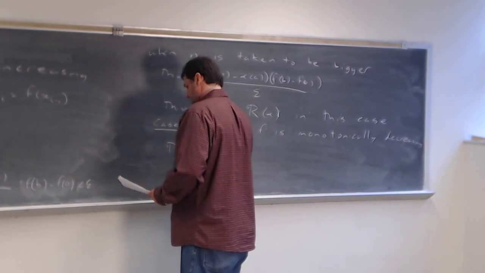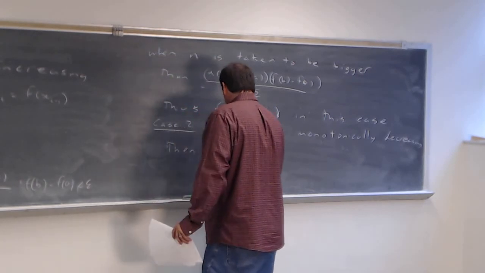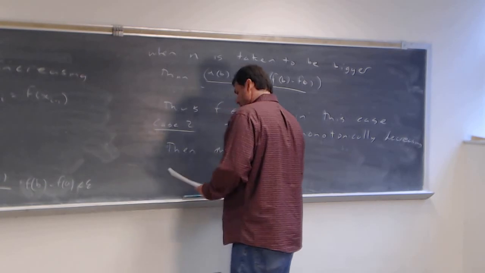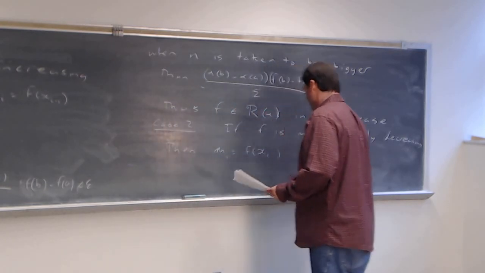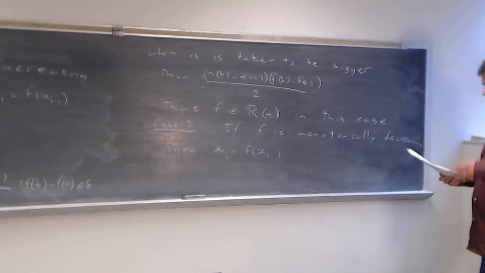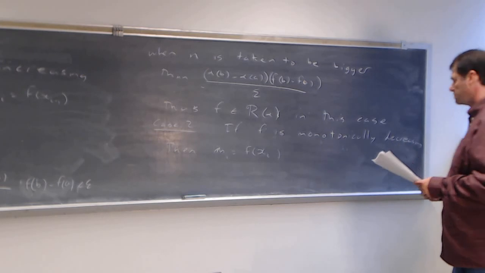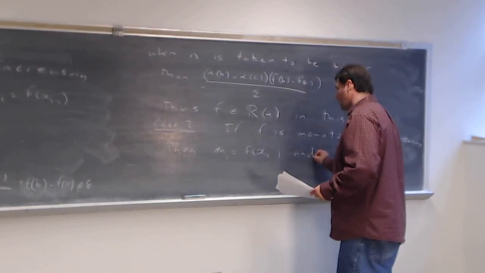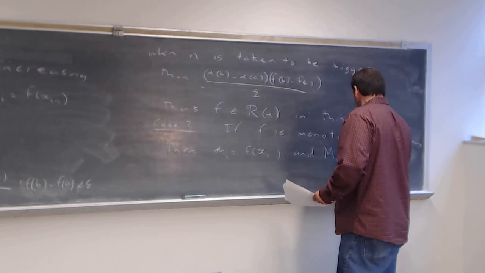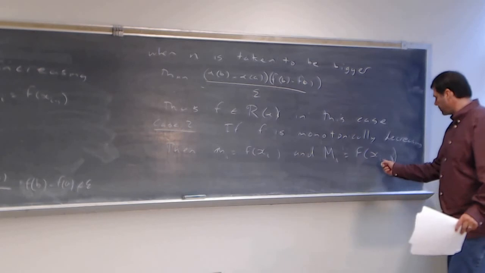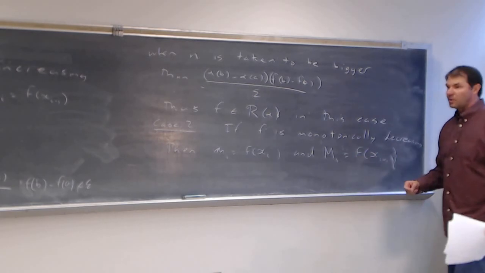And then the little m sub I would be F of x sub I and the big M sub I will be equal to F of x sub I minus 1. That's correct. So when you put in the smaller value, it yielded the bigger output value.